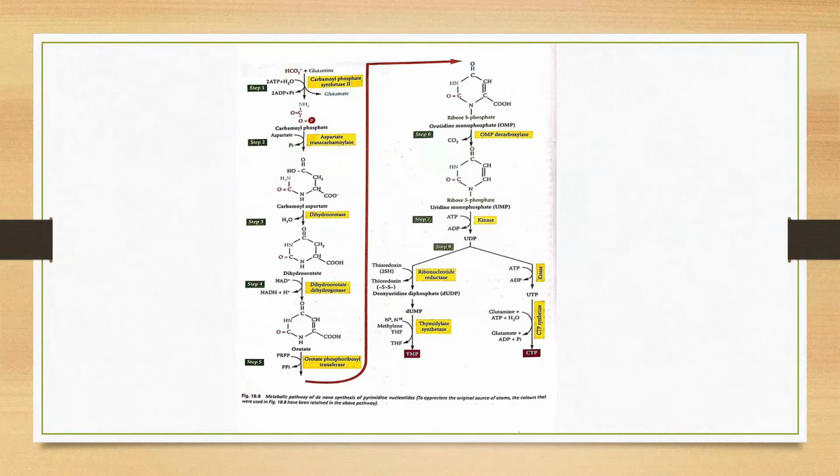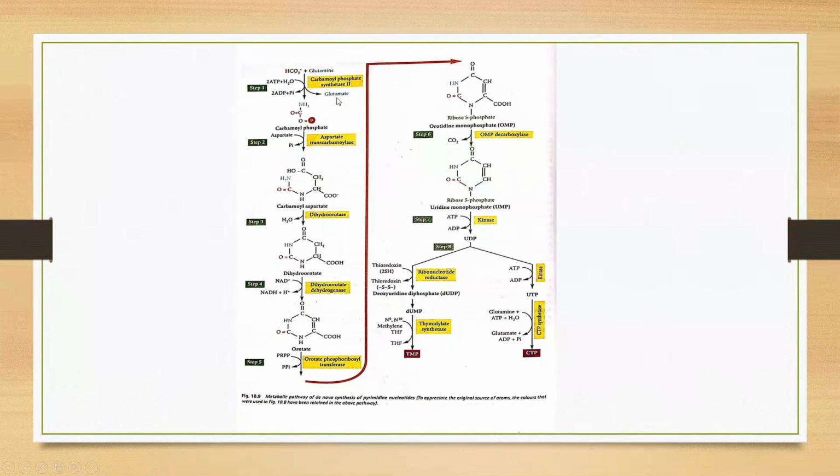The first step in de novo pyrimidine biosynthesis is the formation of carbamoyl phosphate from bicarbonate and ammonia derived from glutamine, utilizing 2 molecules of ATP.